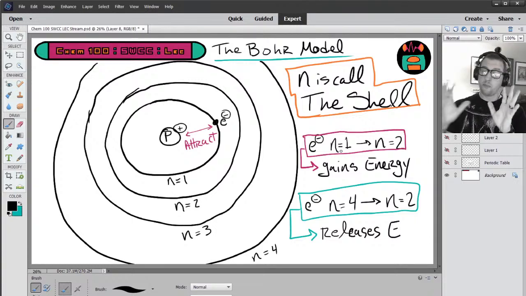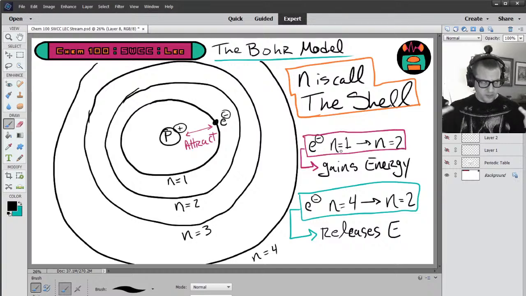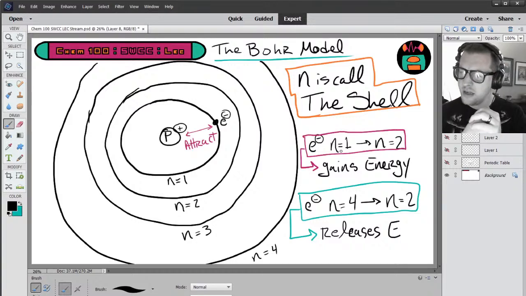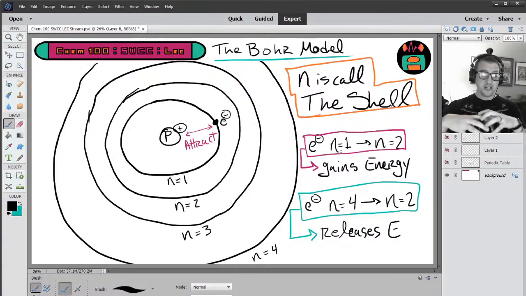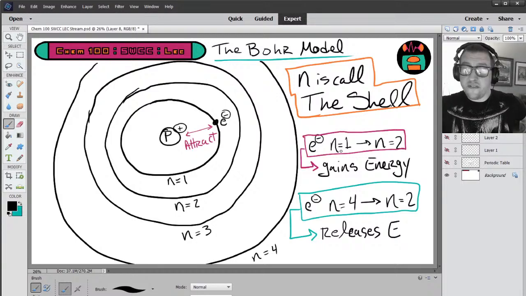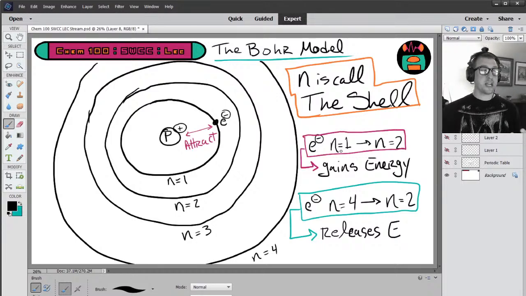As I said earlier, the Bohr model is the first thing that pops to mind. It's not a bad place to start, but it was an insufficient model. It couldn't actually explain all of the data, and it eventually got replaced because it couldn't account for all the phenomena that we see in nature and with atomic behavior. It ends up getting replaced by our current theory of atomic structure, which is the quantum mechanical model.